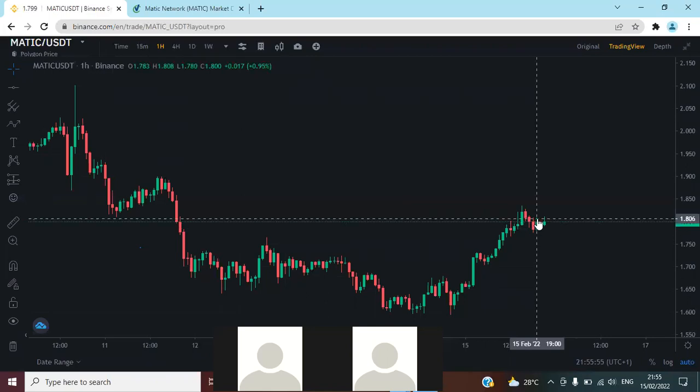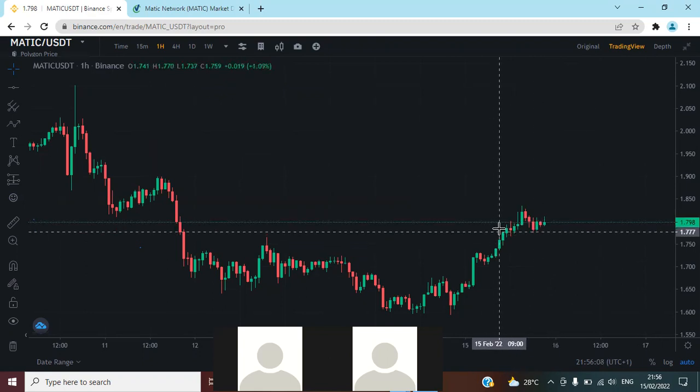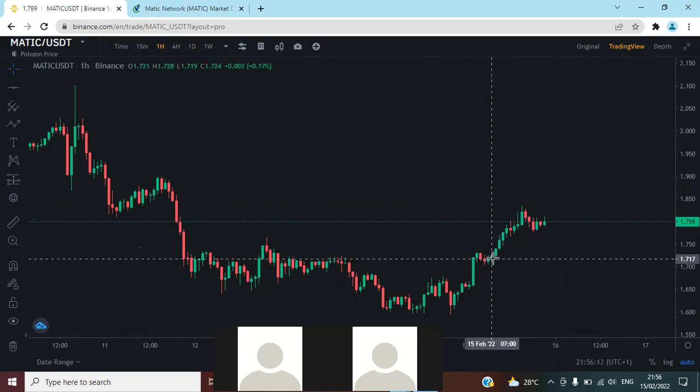This is 7 o'clock now. The market is going to go up. This is 7:25 here, let's say around 7 in this area. So the market is going to go up. It has not gone up yet. 7:15, that's 7 a.m. in the morning around this area.